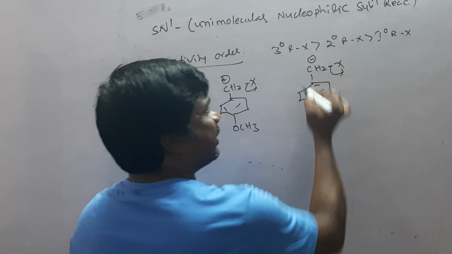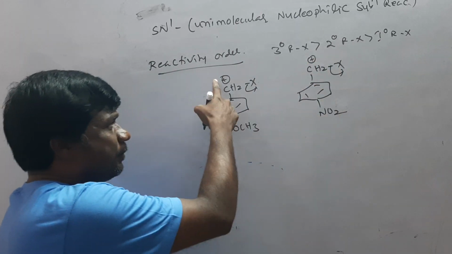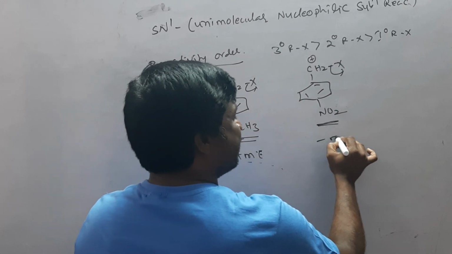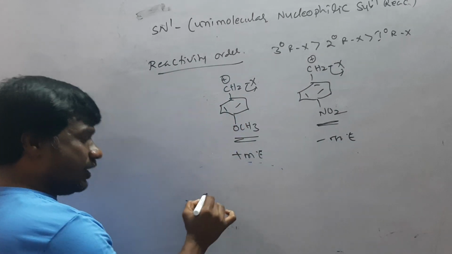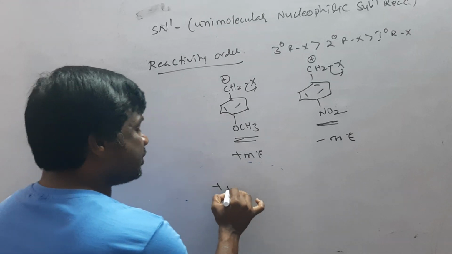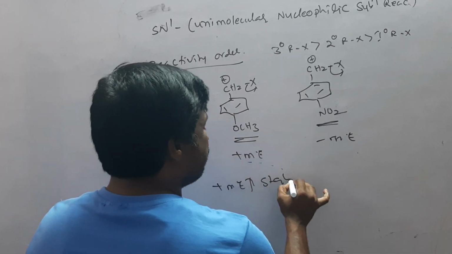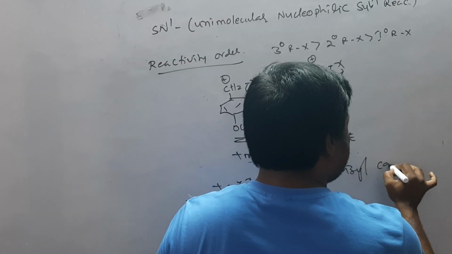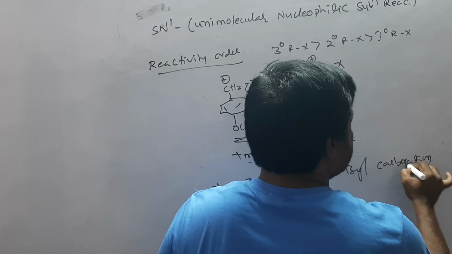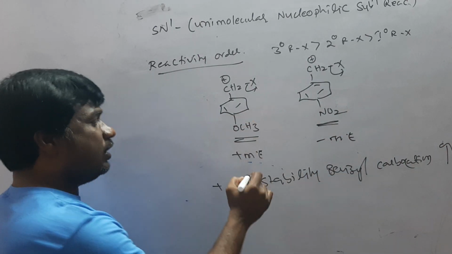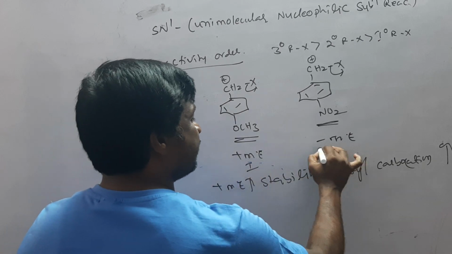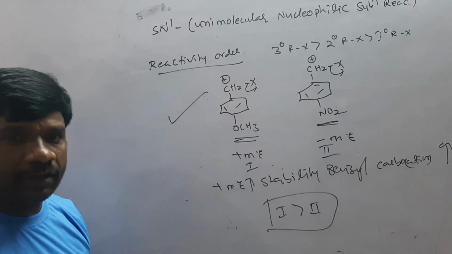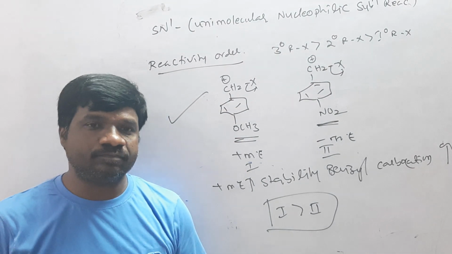A plus M group attached increases the stability of the benzyl carbocation through resonance, while a minus M group decreases it. So 1 is more stable than 2, and it is more reactive in the SN1 reaction.